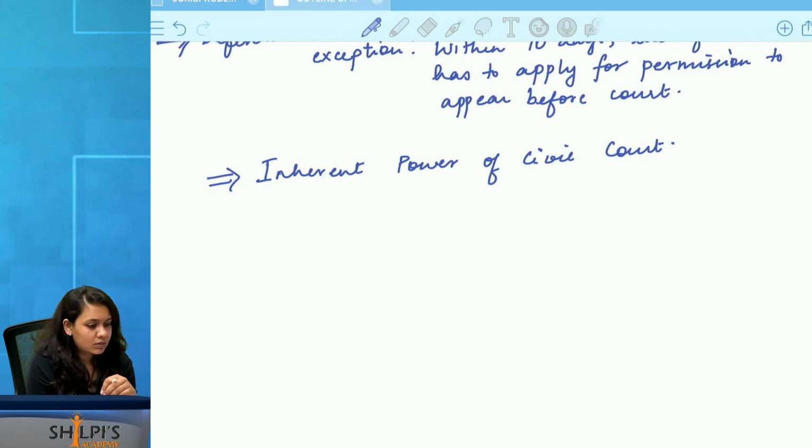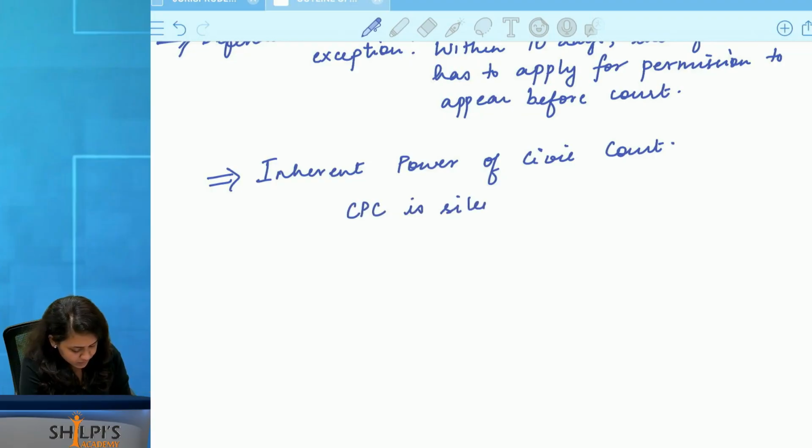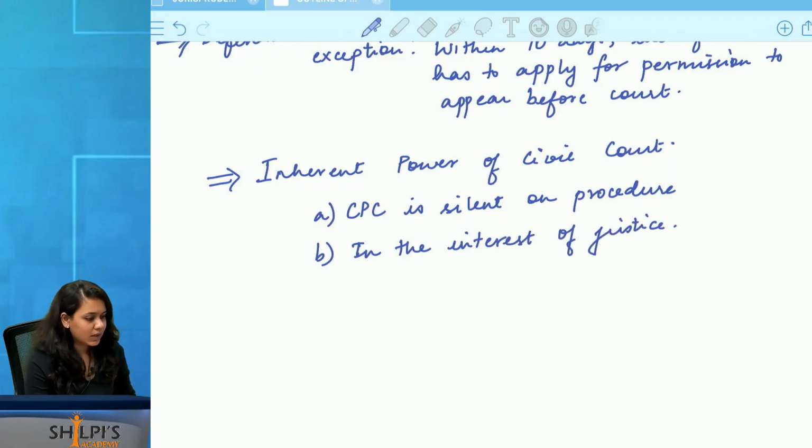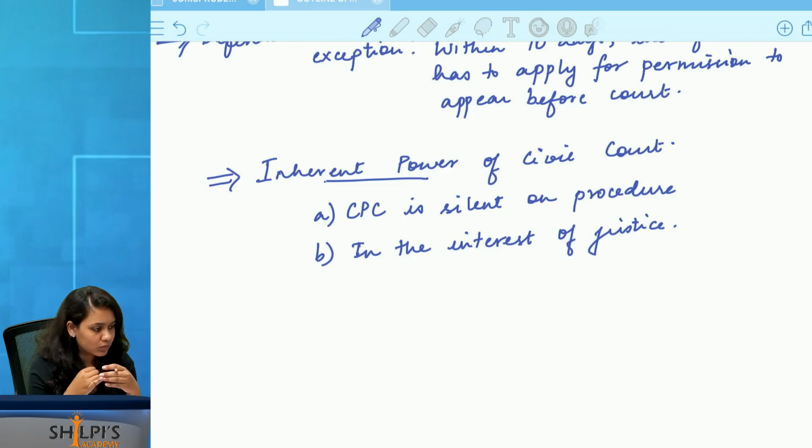Okay, but say for example the CPC is silent on procedure, and in the interest of justice, the civil courts can exercise this power known as the inherent power of the civil court, where they can depart from, first of all, there is no procedure. They can execute whatever is necessary for achieving justice or for achieving the objective of the court.